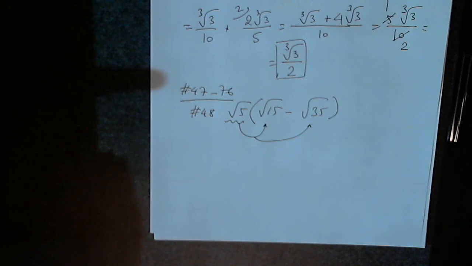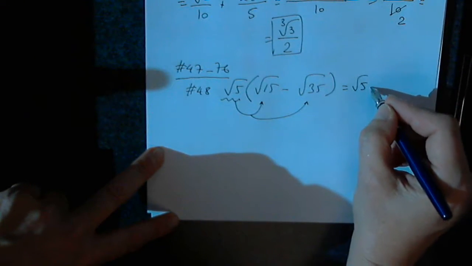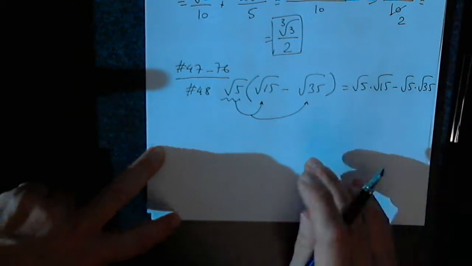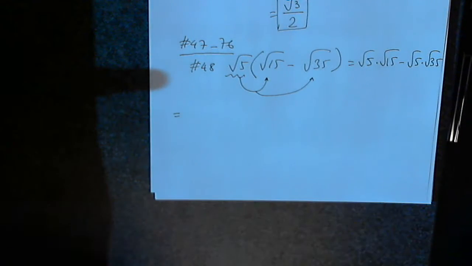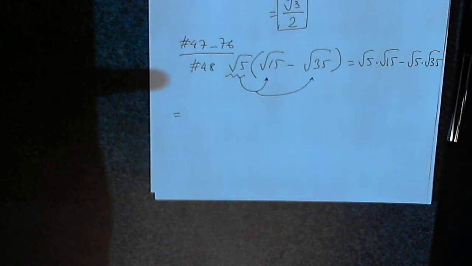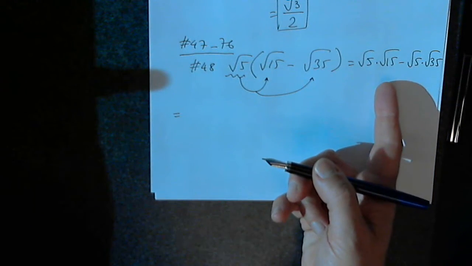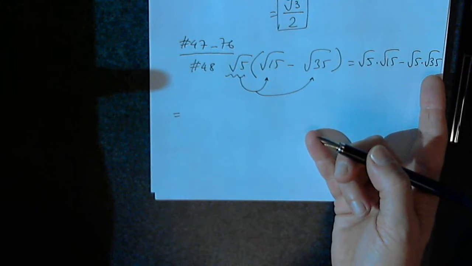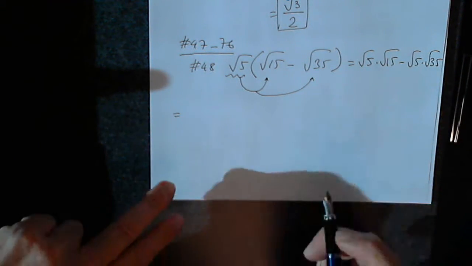So now you can write the intermediate step, and I will write it. The square root of 5 times the square root of 15 minus the square root of 5 times the square root of 35. What I would like to do, instead of multiplying 5 by 15 and getting 75, and 5 times 35 and getting 175, I would rather do this.